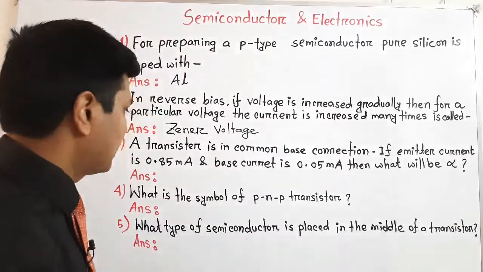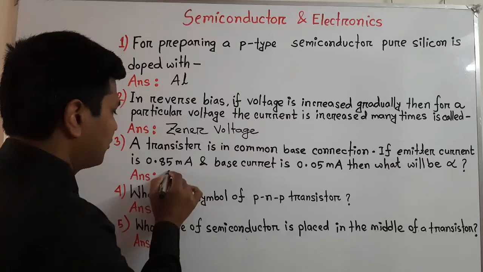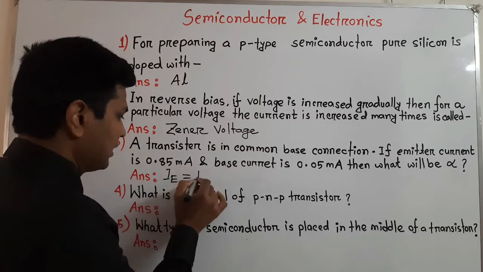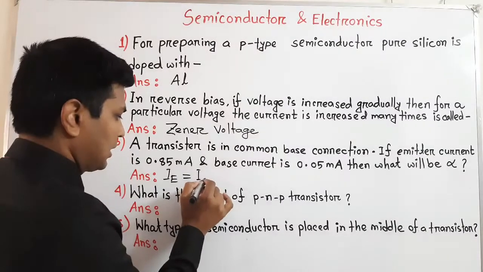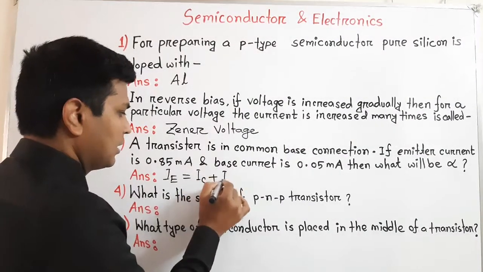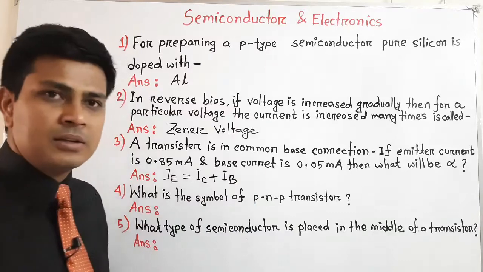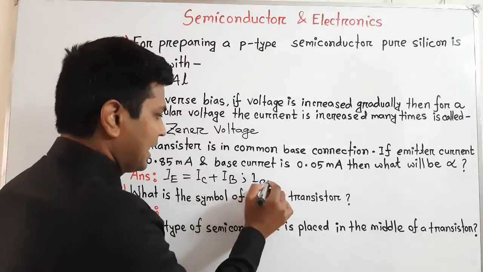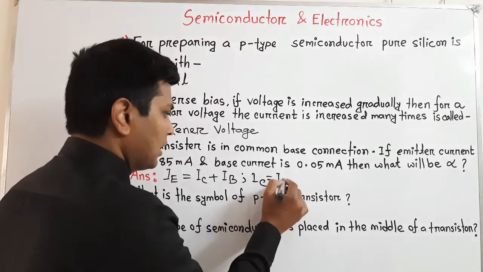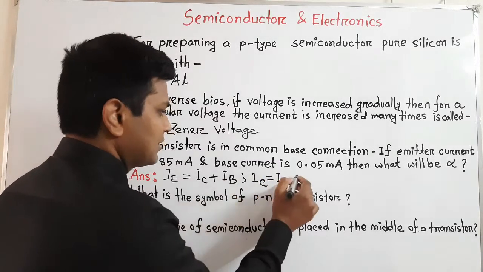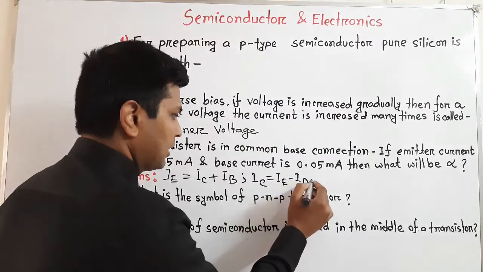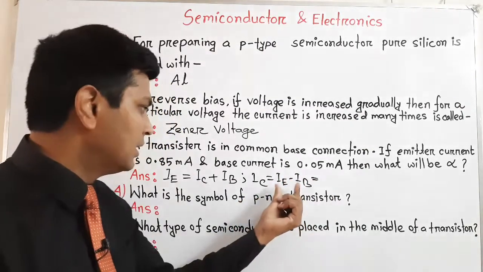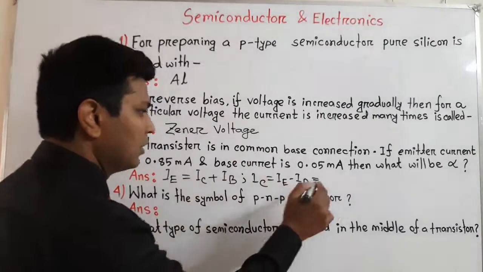So first of all, we have to calculate the collector current by the formula: emitter current is equal to collector current plus base current. So from this formula we can calculate collector current, that is IC equal to IE minus IB.